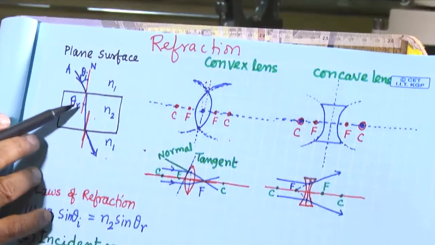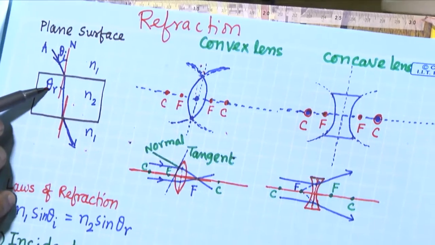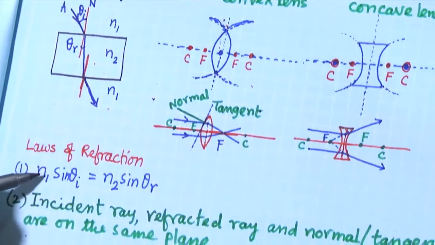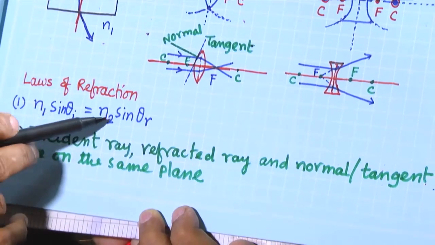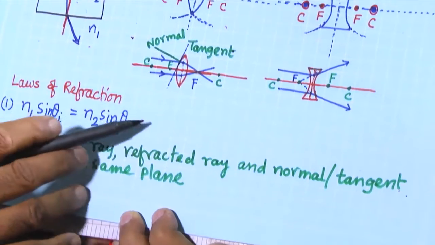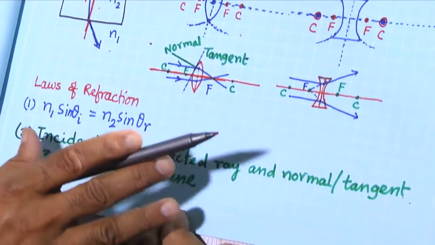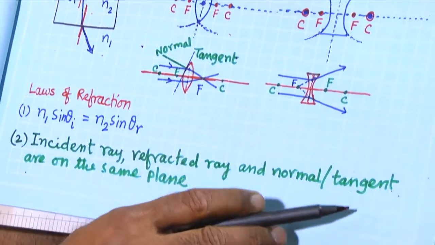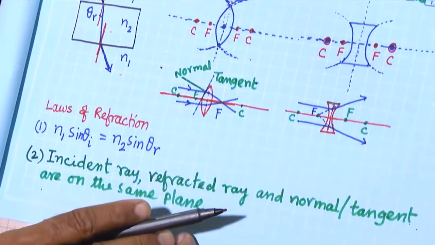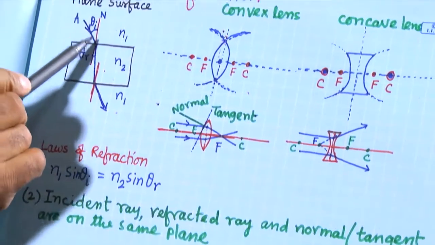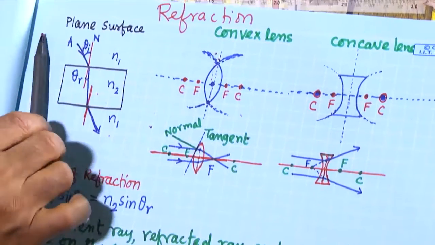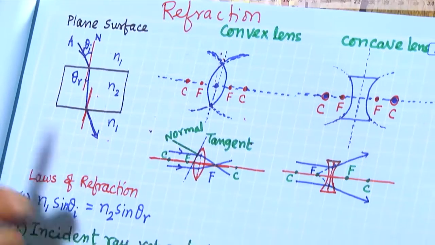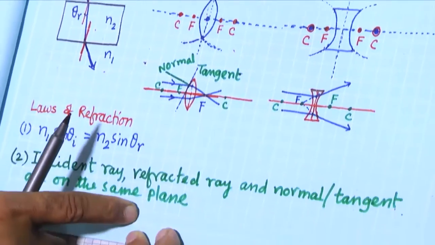Earlier I told that theta is the angle of reflection. So, the law of refraction is n1 sin theta i equal to n2 sin theta r. This is Snell's law, and you are quite familiar with it. The incident ray, refracted ray and normal are on the same plane, the same as the second law of reflection.